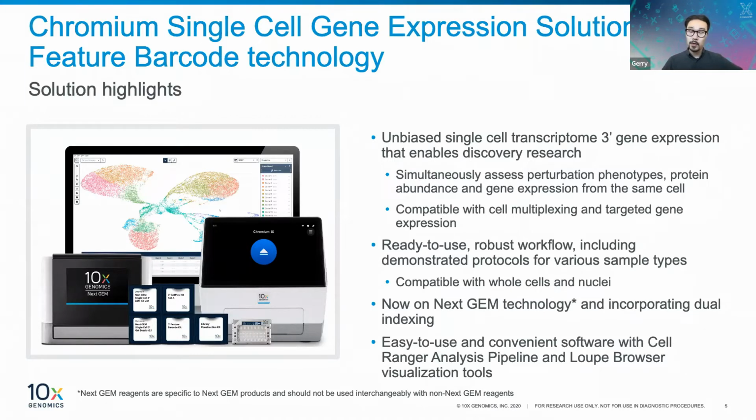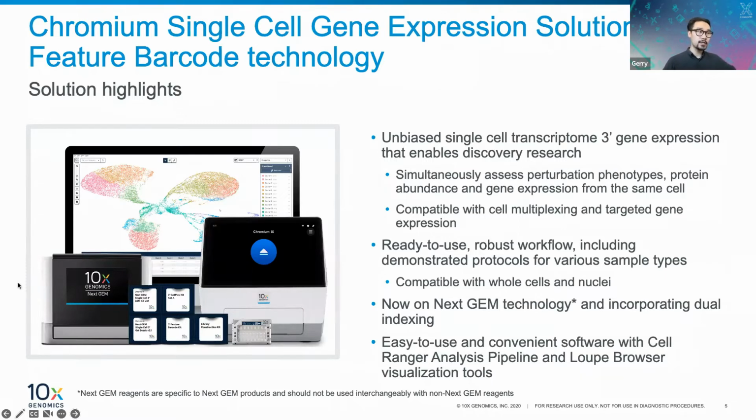This particular workflow, the 3' gene expression workflow, is compatible with both whole cells and nuclei. And the solution also includes turnkey analysis and visualization software. So you can see in this image, on the left we have the Chromium Controller instrument. This was our first instrument. And on the right we have the Chromium iX instrument, which is our latest instrument for single cell analysis.